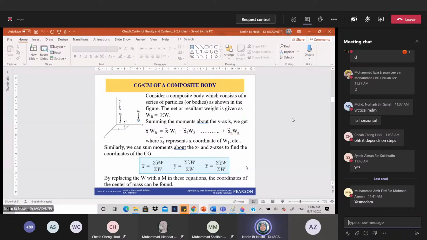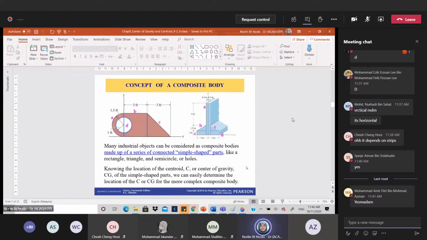Okay, now another example before we end. I think we have another 2 minutes, so it's okay, I can continue. For example, this body has different shapes: a hemisphere or semicircle, a square, a triangle, and a circular hole here.